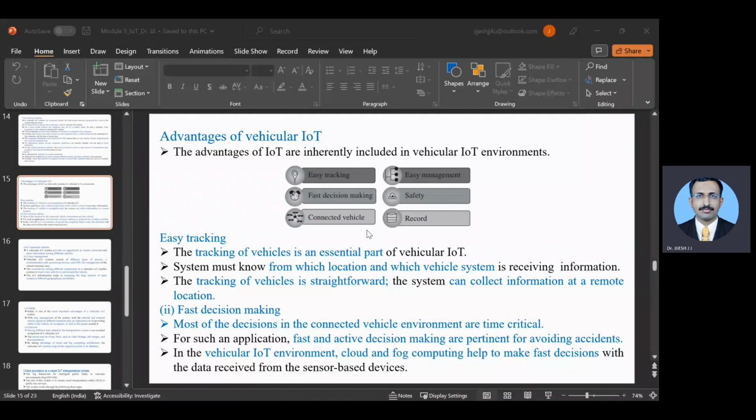You might have observed that if somebody is hit, the people will come and start hitting the person who is driving without seeing whose mistake it is. This camera will give a clear indication of who is wrong and who is right.